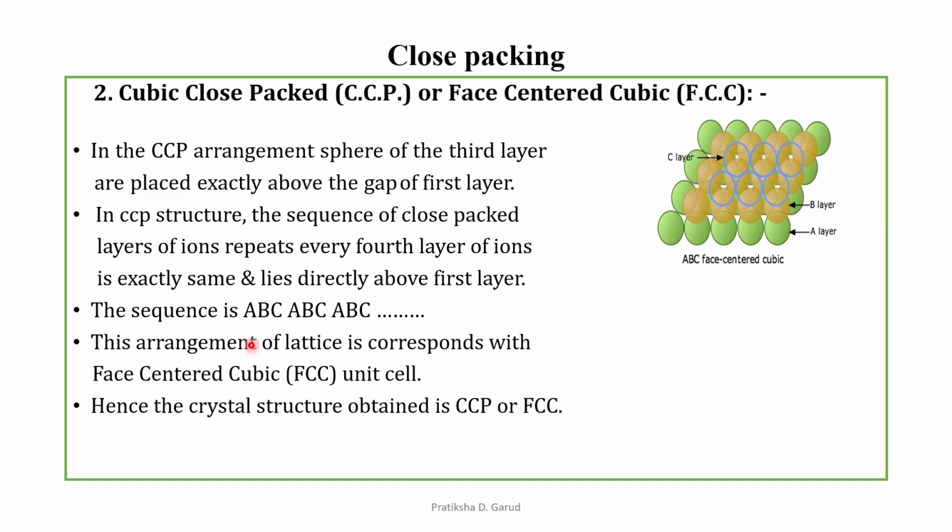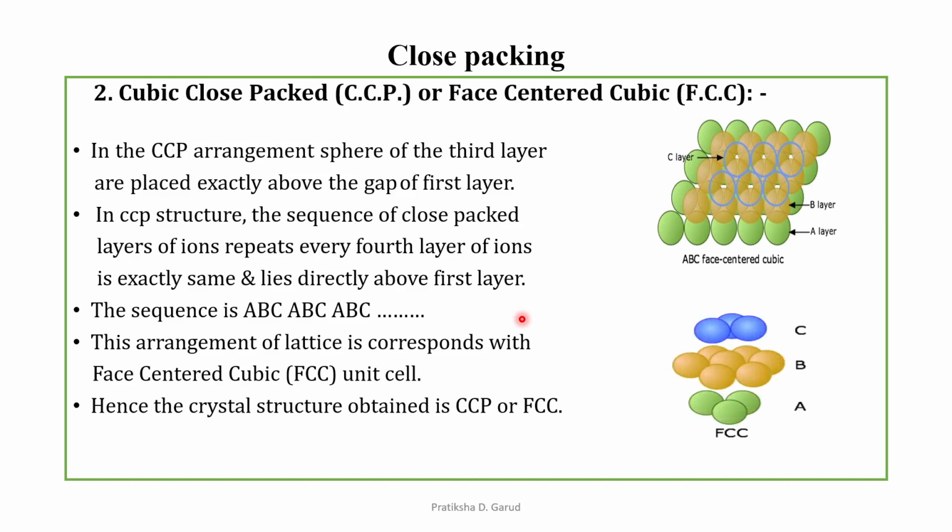In this way we get the ABC type of pattern. So the difference between the HCP and CCP is only in the third layer. In case of the HCP we put the third layer directly above the first layer, while in case of the CCP we put the third layer on the gaps of the second layer. So this is the basic difference.